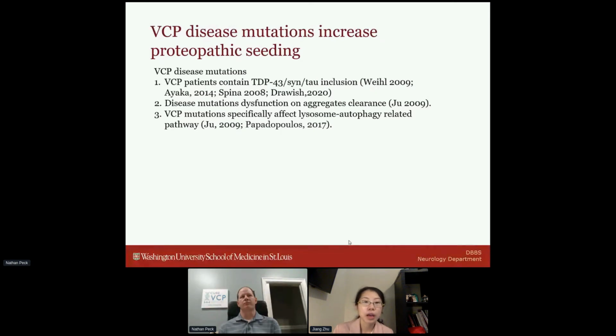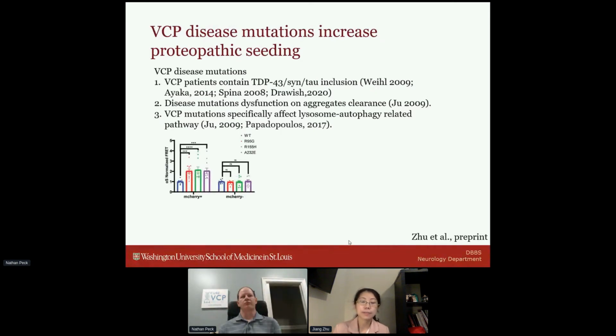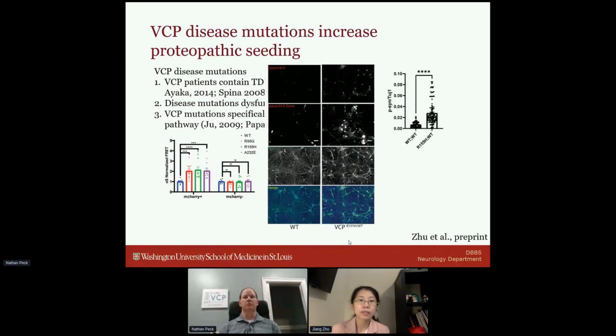Next, we overexpressed different VCP vectors with a cherry tag in our alpha-synuclein biosensor line. And you can see in the left panels, in the VCP overexpressed line, you see an increase of alpha-synuclein with those 3 disease mutations overexpressed, but not the wild type.